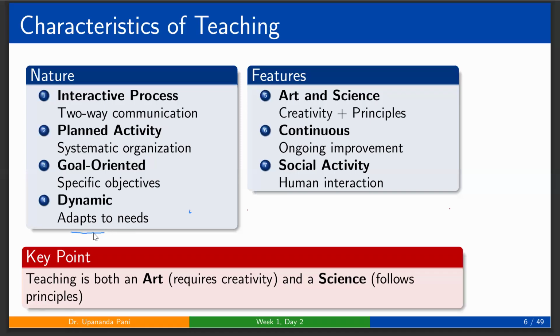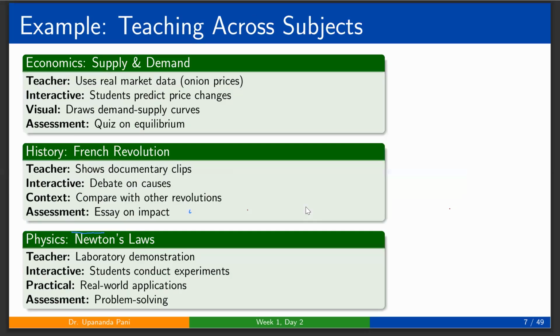So we have to adapt much faster according to the needs of the students. Then the features: it's both an art and a science. You need creativity, but also principles. It is a continuous process, an ongoing improvement, and there are social aspects also, because we are interacting with humans. So teaching is an art, as it requires creativity, and it is also a science because it follows principles.